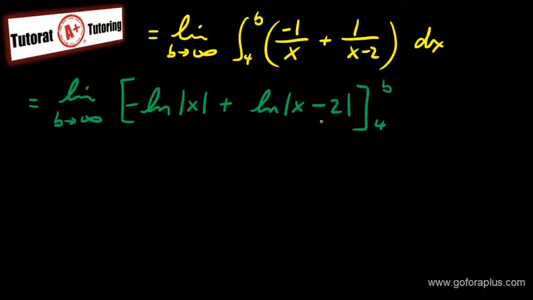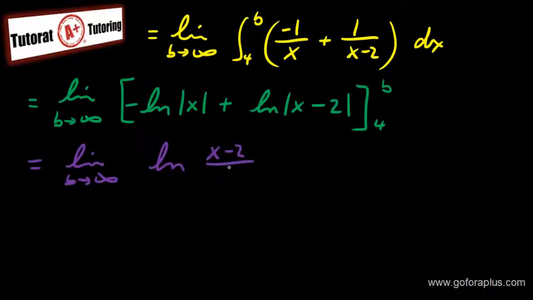Okay, so I have something like this now, and then I can group the ln. If I group them, it will become much simpler to solve. So I have ln of the absolute value of (x minus 2) over x, from 4 to b. If you look at this, this is basically one of the identities of the ln function, one of the properties of the log function.